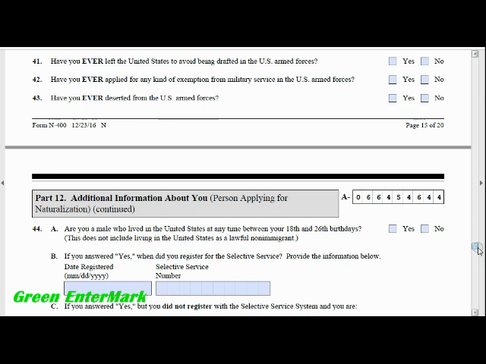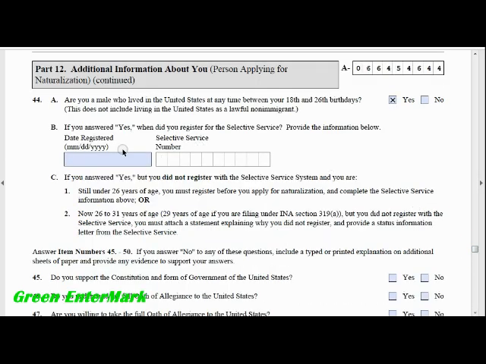This does not include living in the United States as a lawful nonimmigrant. Okay, between 18 and 26, if you say yes, then you have to provide when you registered for the Selective Service, and provide the information below. And if you say no, then you do not need to give it.